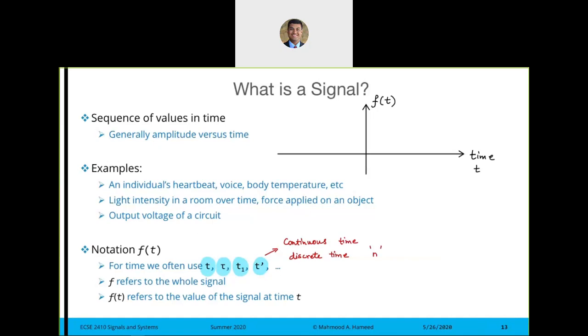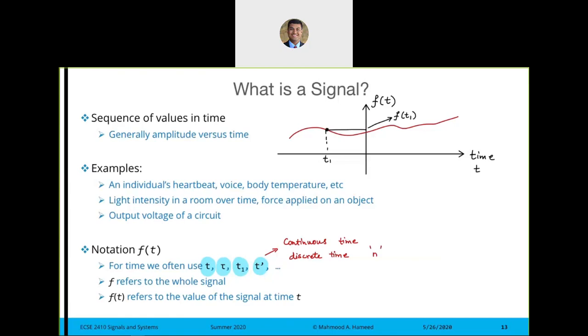So as the time changes, the amplitude of that signal changes. Some arbitrary signal, right? So at some time t1, it is having a value of what? What is that value? That value is going to be f of t1.